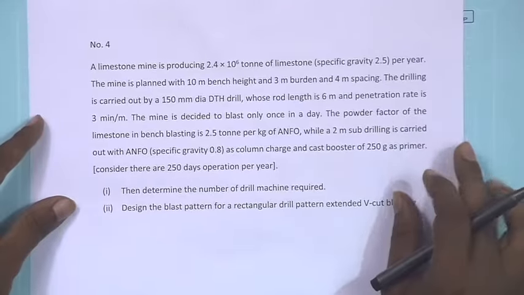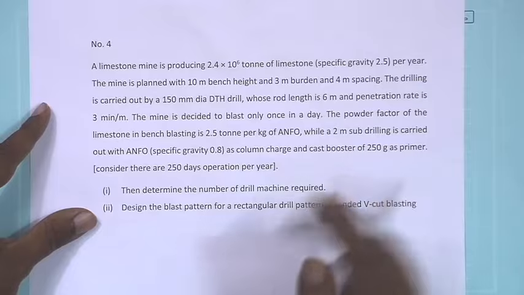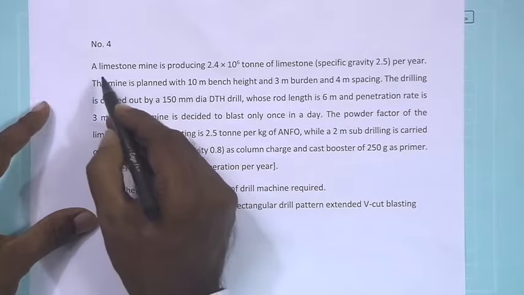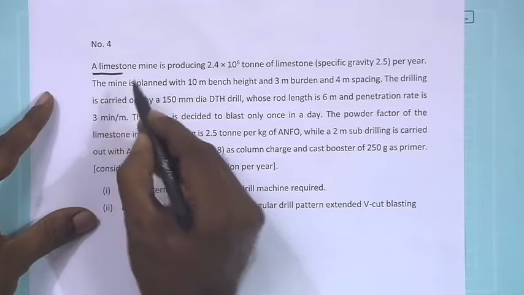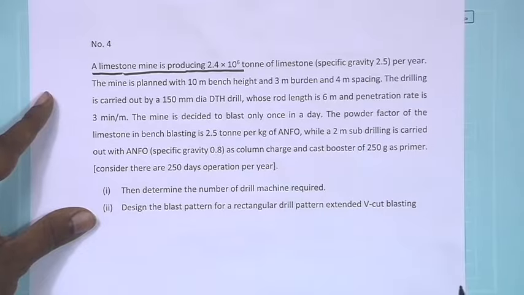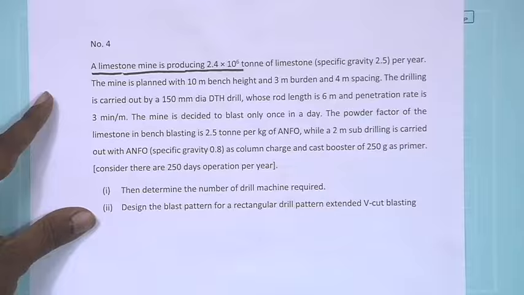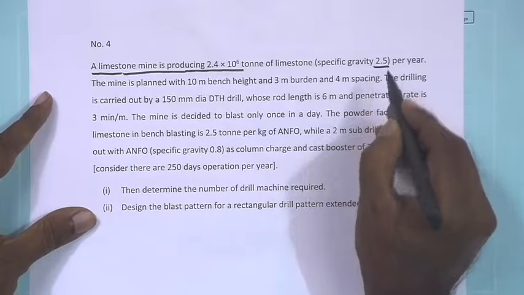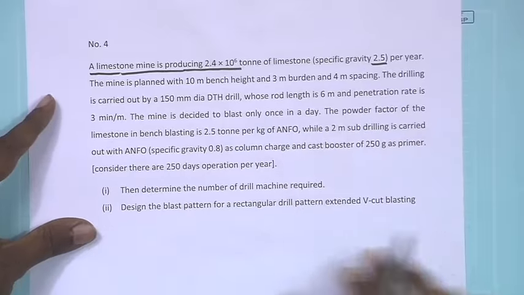For this, let us consider one problem. Just like the last problem, it is a limestone mine which is producing 2.4 million tons of limestone, whose specific gravity is given as 2.5.